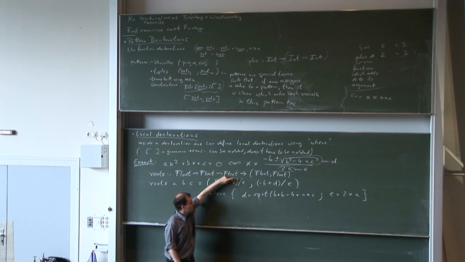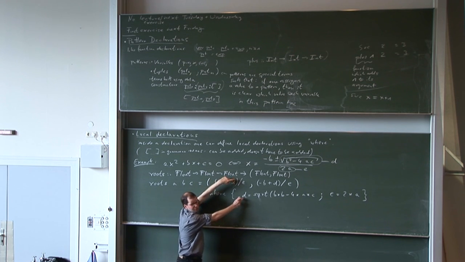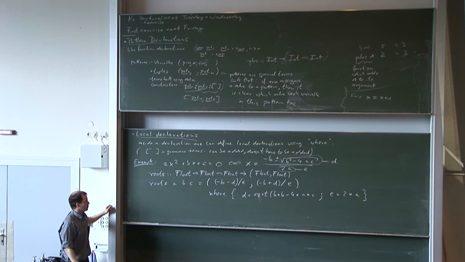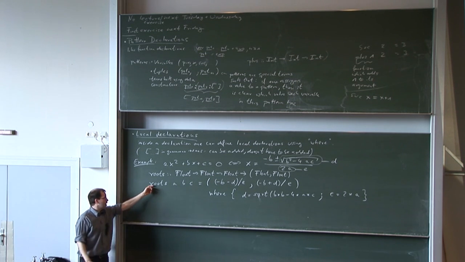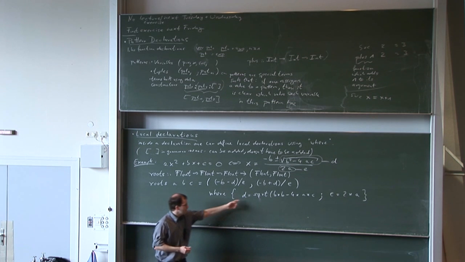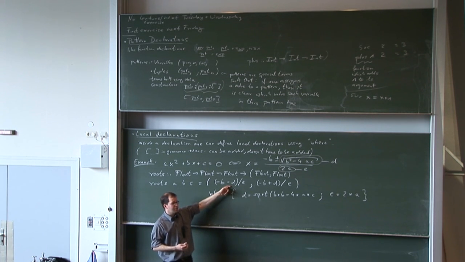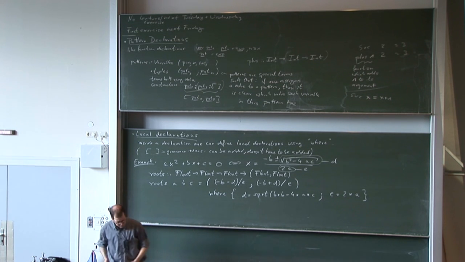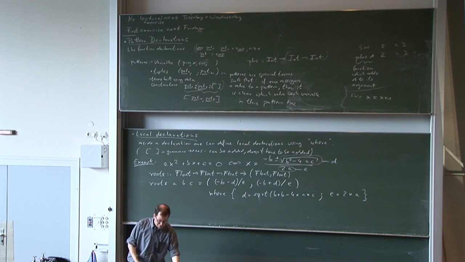If we write D here, then we know what D is because D is declared here. But outside this declaration, D is unknown. If we are outside of this function declaration and we write the next function declaration, D is unknown, E is unknown. The definition of D and E is only visible inside this declaration and not visible outside. This is not a very surprising concept because you have similar concepts in other languages as well.